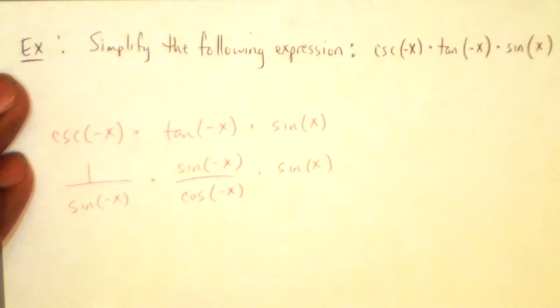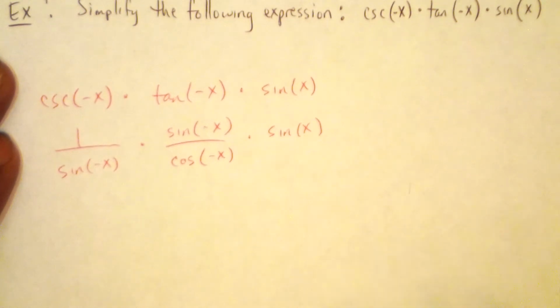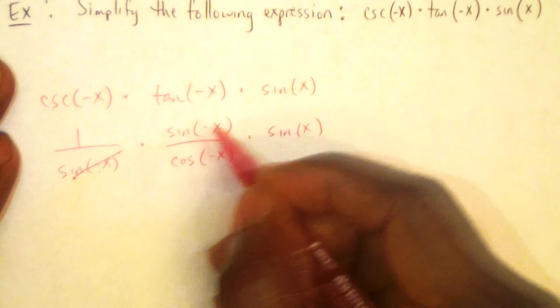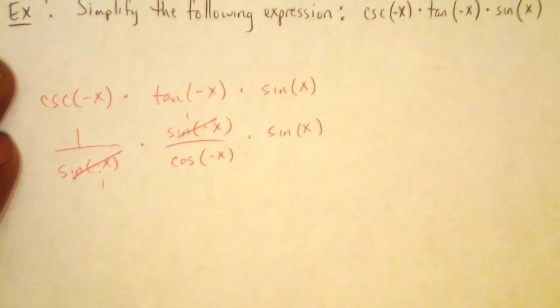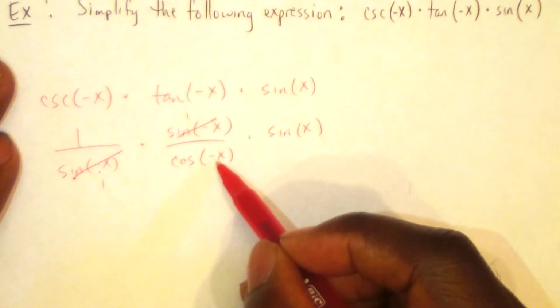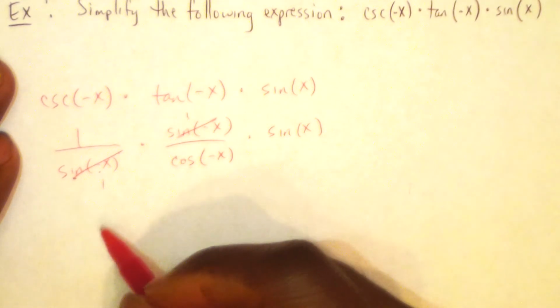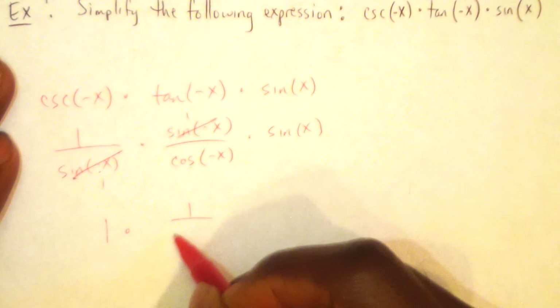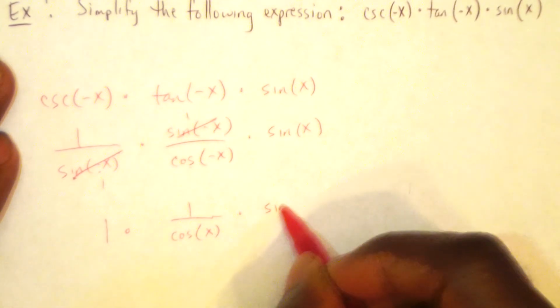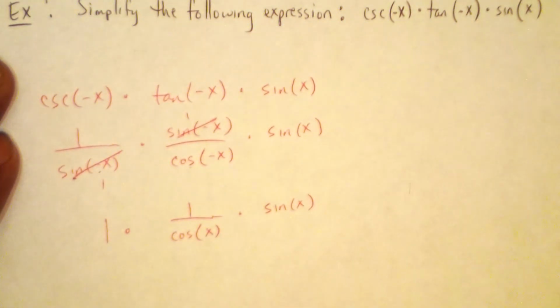And then we just have sine x there. Continuing on, sine of minus x and sine of minus x will reduce to 1 here. And we know that cosine is an even function, so this will just give us cosine of a positive x times sine of a positive x.